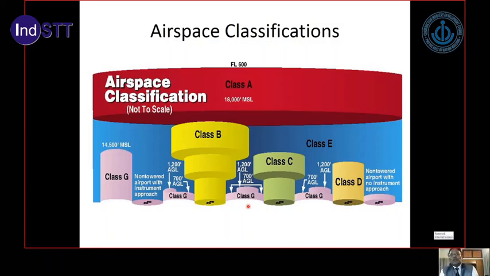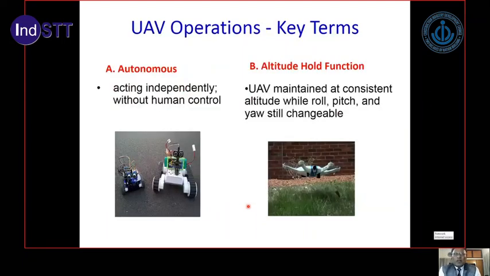So one has to read and understand those regulations before flying to a particular area and location. And there are certain areas which are restricted, like the defense area, the airport, and certain forested areas, where it is not allowed to fly the UAV and take images.